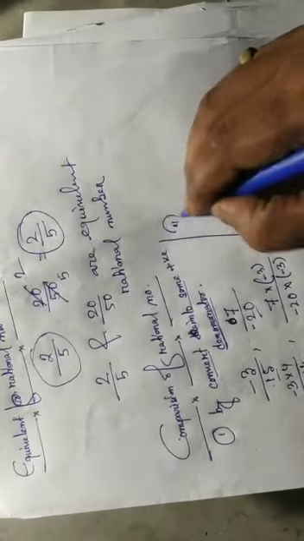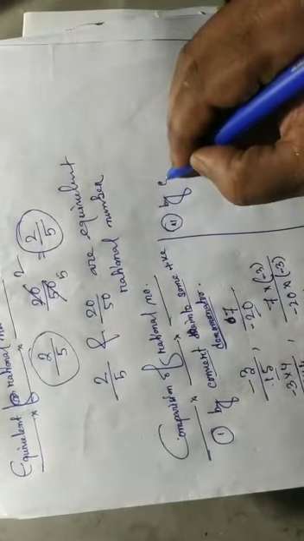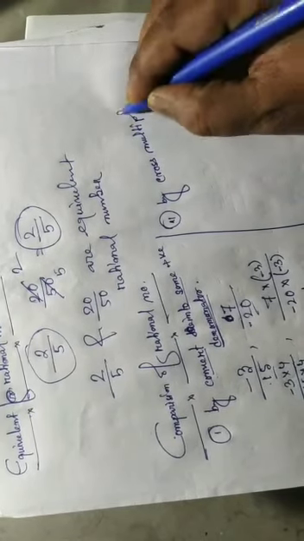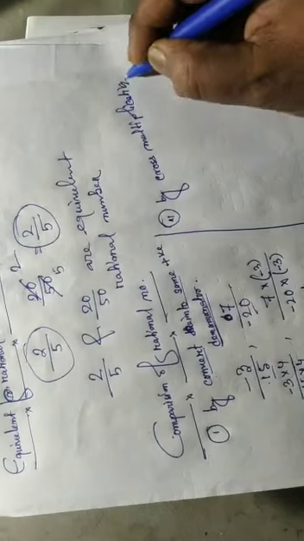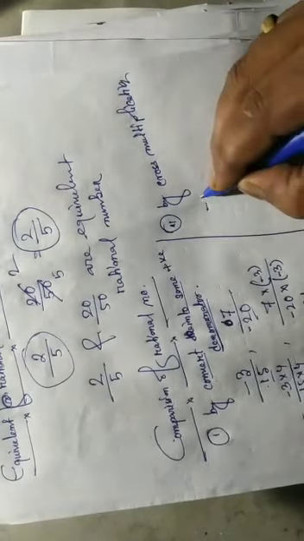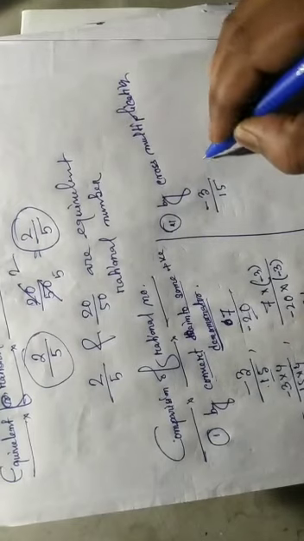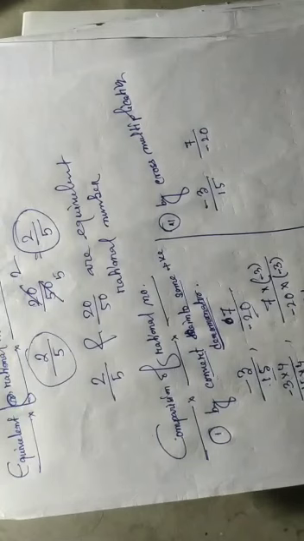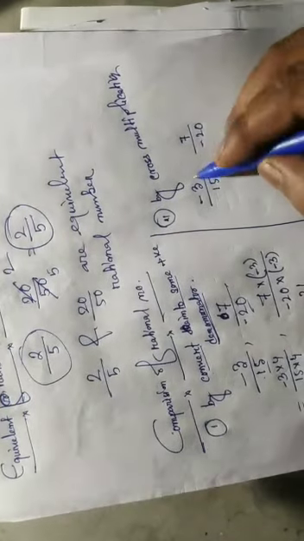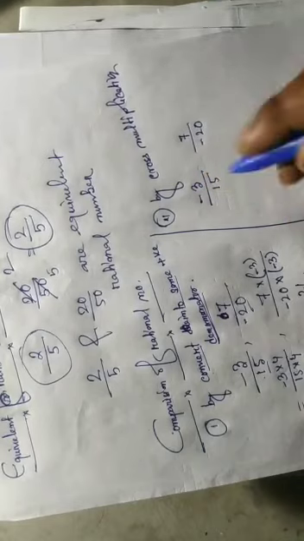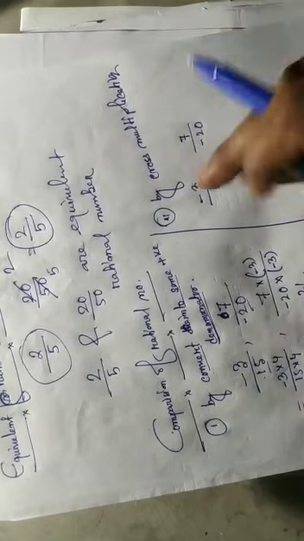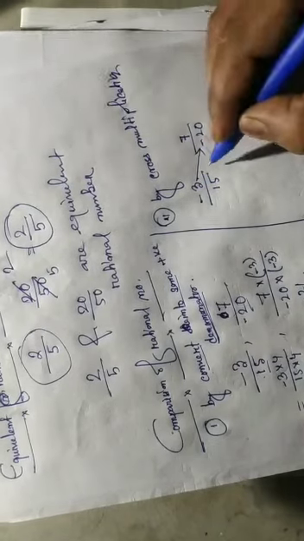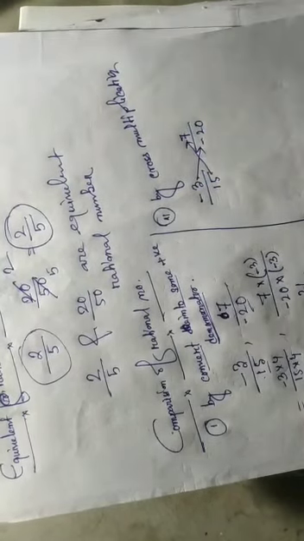Method 2, by cross multiplication. The question is minus 3 by 15 and 7 by minus 20. Cross multiplication starts from the numerator of the first fraction, then the second.